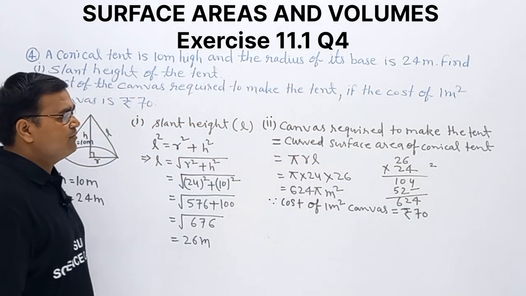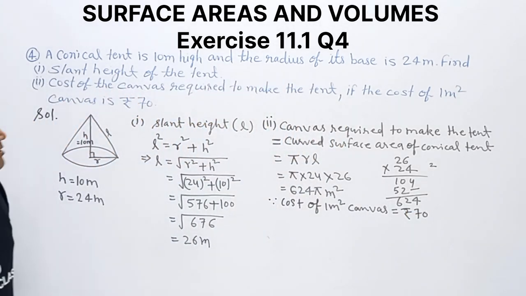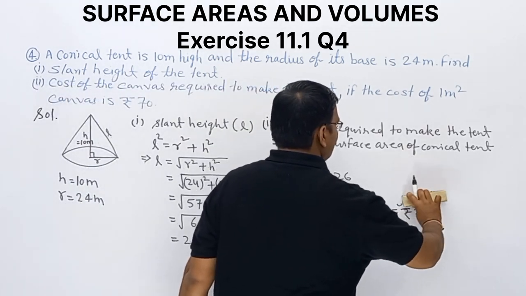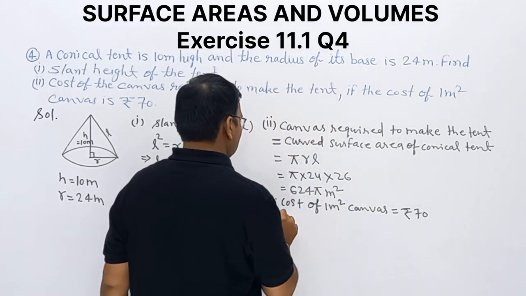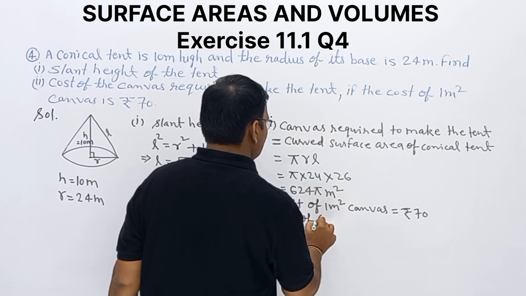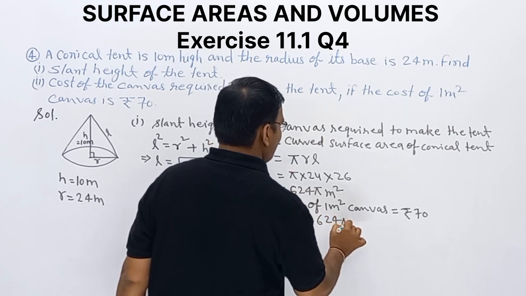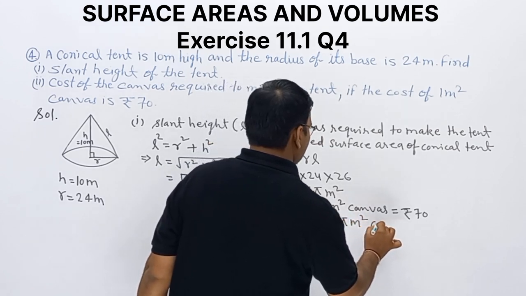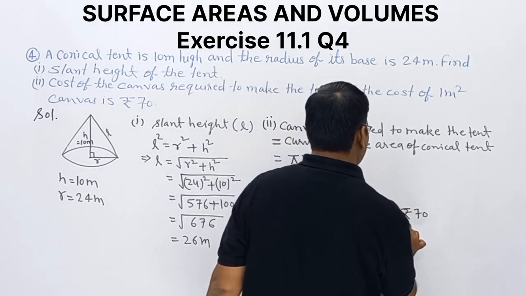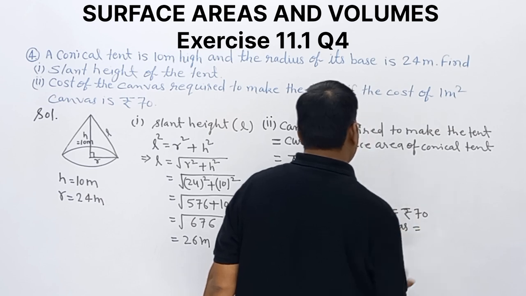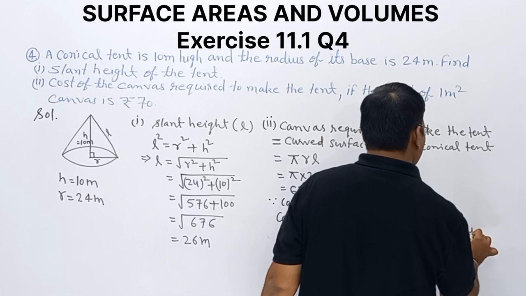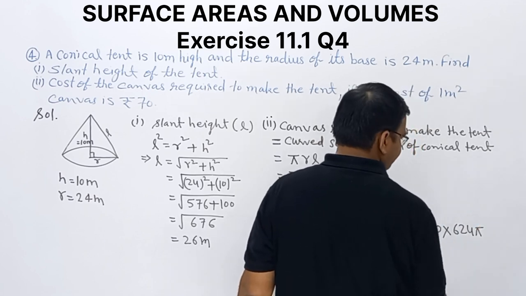Now, therefore, what can we say? The cost of 624 pi meter square canvas is equal to 70 into 624 pi. Solve this.